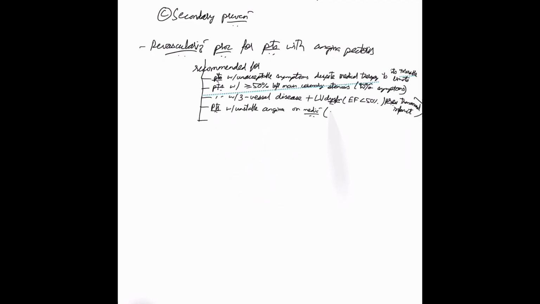Then you have patients with 3 vessel disease and left ventricular dysfunction in which the ejection fraction is less than 50% or there's a history of a previous transmural infarct. Then you have patients with unstable angina who are on medication or angina precipitated on therapy. And you have post-MI patients with continuing angina or patients with severe angina on non-invasive testing.